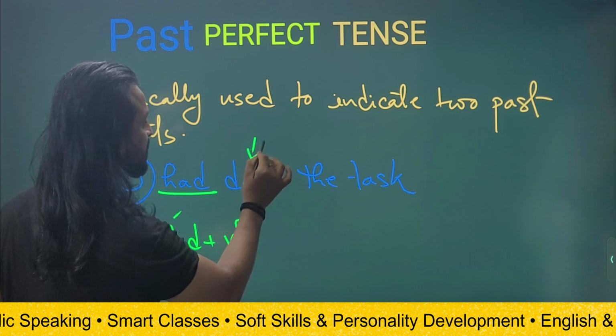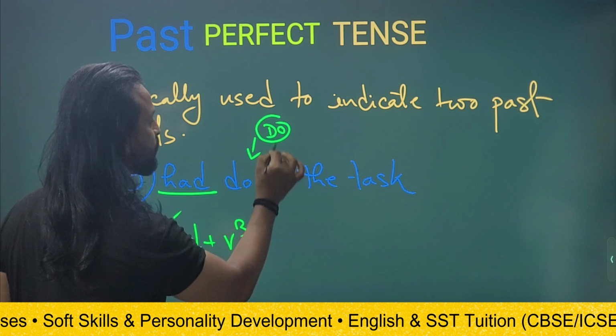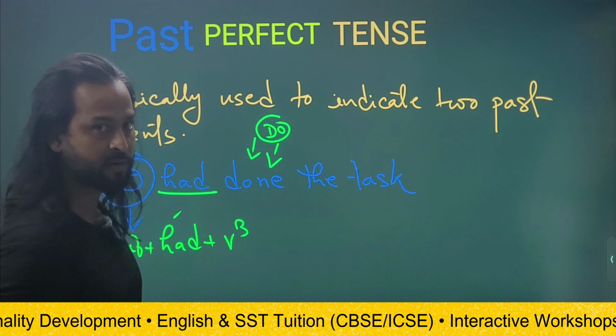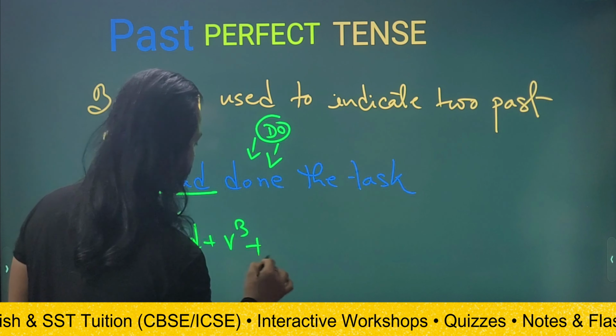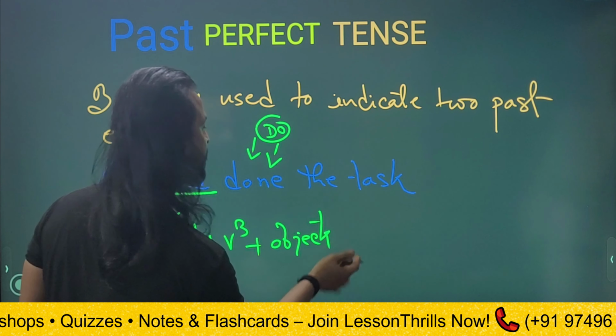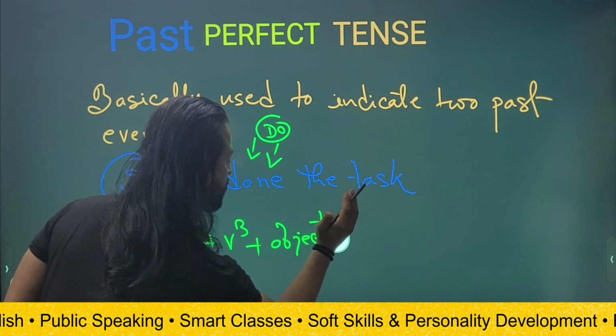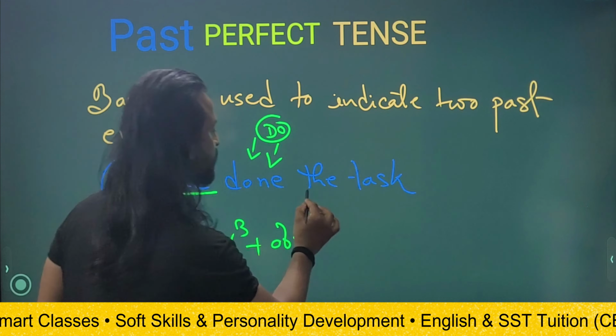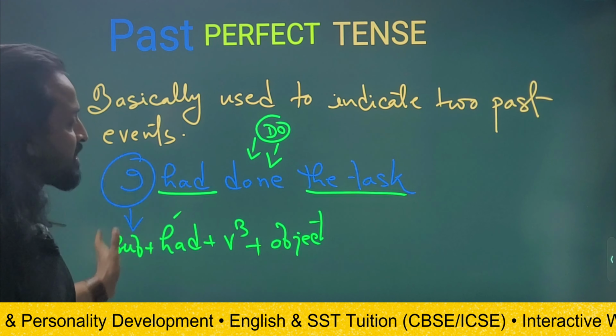So, done is the past participle form of do. So, here we have to take V3 formation here, right? And then the object. Here the object is task. So this is how the formation of past perfect tense is.